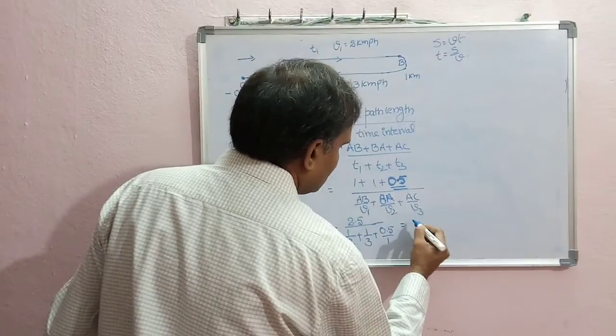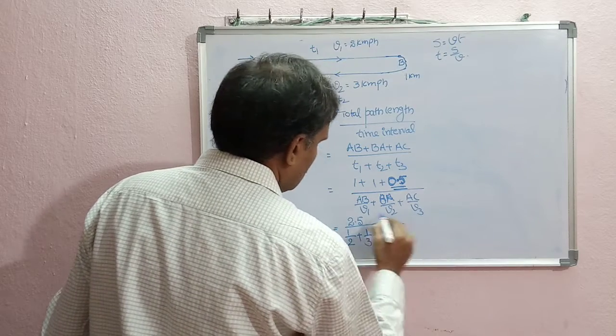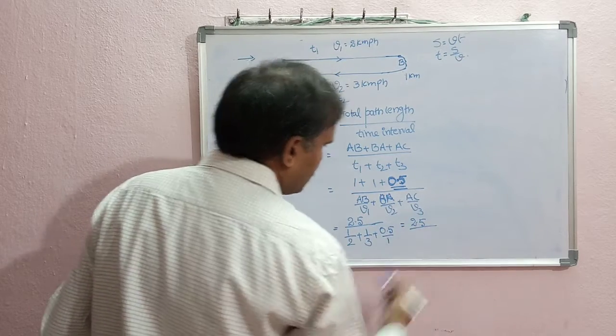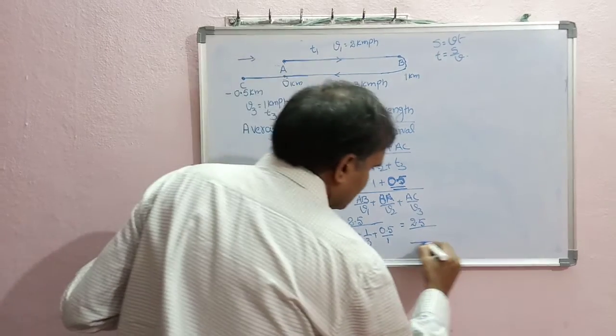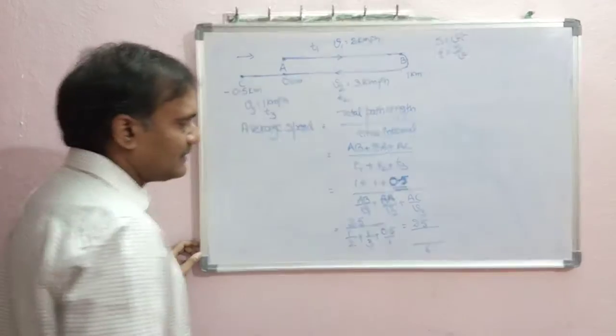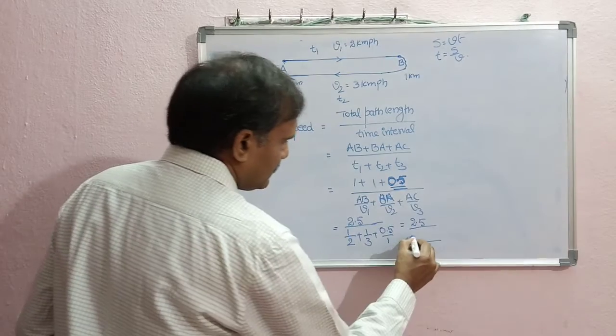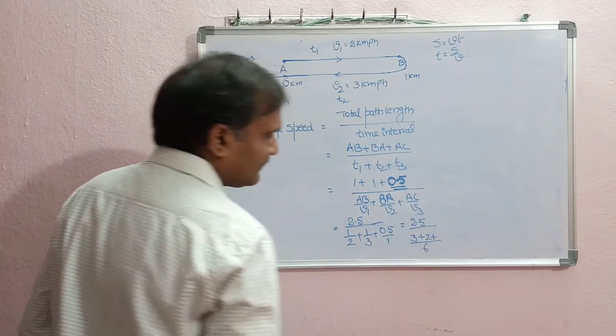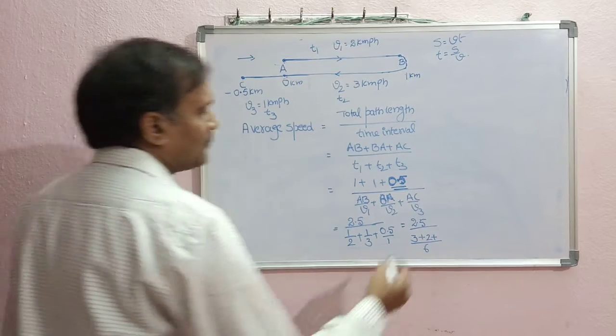Now you will calculate this. 2.5 whole divided by, 6 is the LCM. So 3 plus 2 plus 6 into 0.5, which is 3.